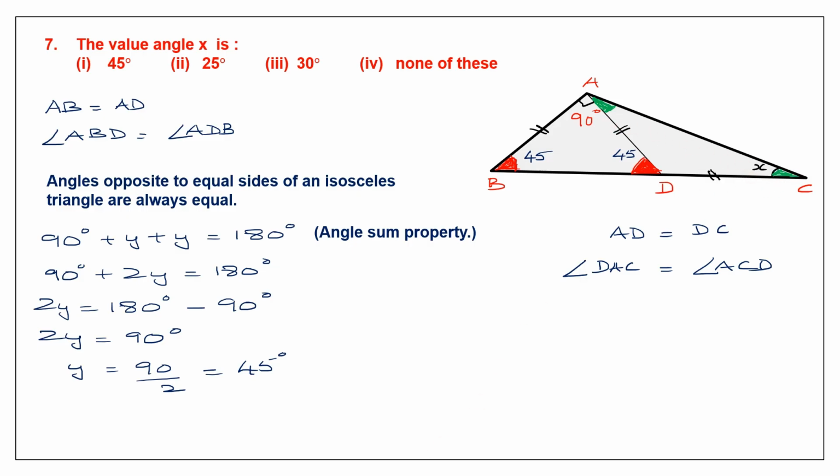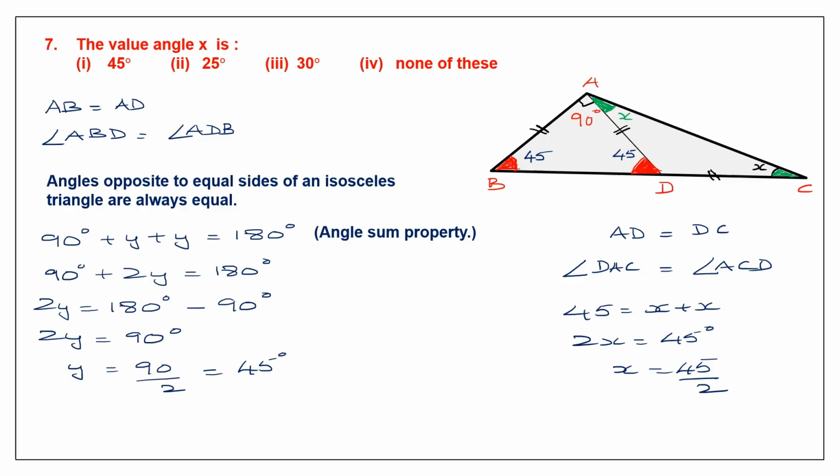That means I can name this also as x. So what do we see here? The exterior angle is 45. It's equal to the sum of the interior opposite angles. 45 is equal to x plus x, or 2x is equal to 45 degrees. So x is equal to 45 by 2.